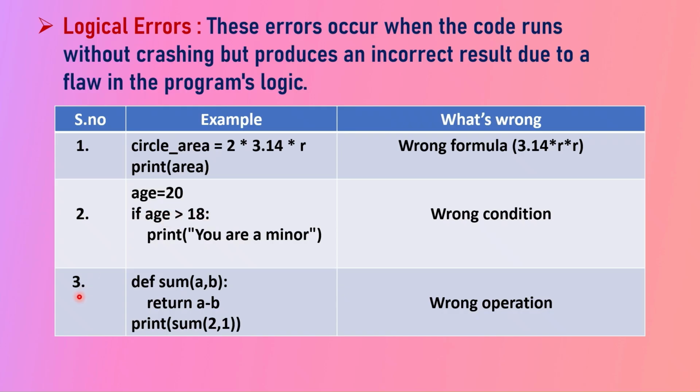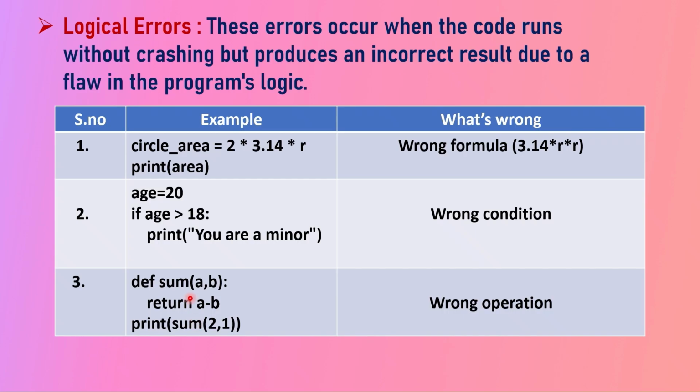In the third example, I declared one function named sum, in which I was passing two variables a and b. Since the function name is sum, I expect the sum from it, right? But inside the function, I was returning the difference of those two numbers instead of the addition.